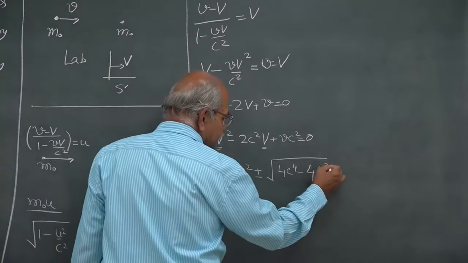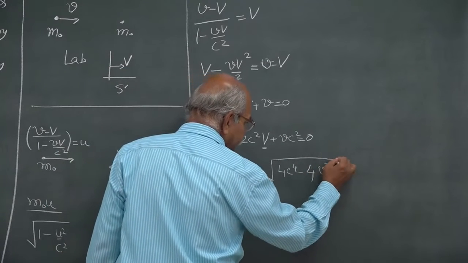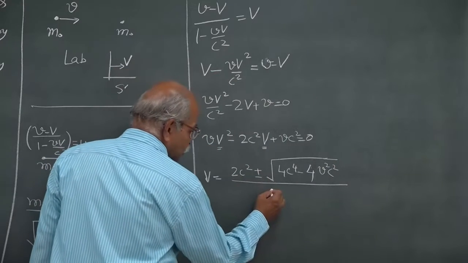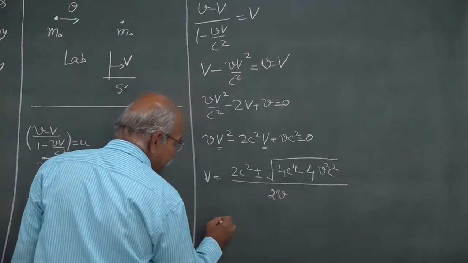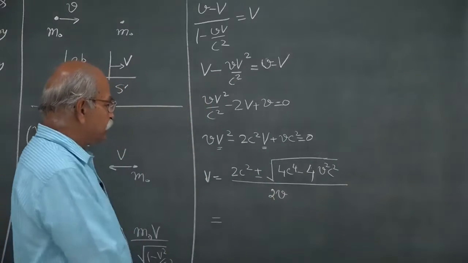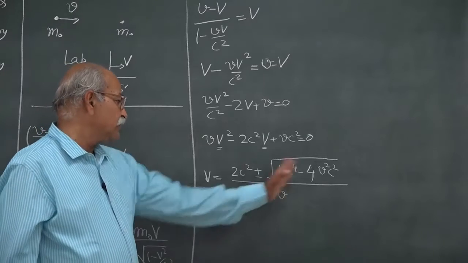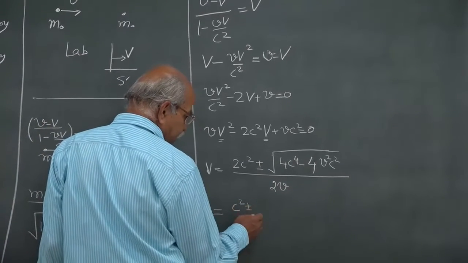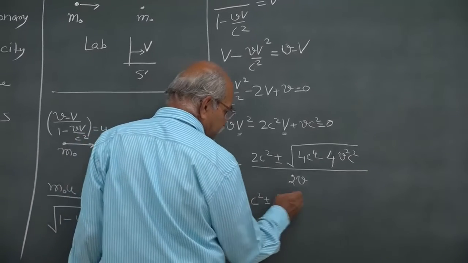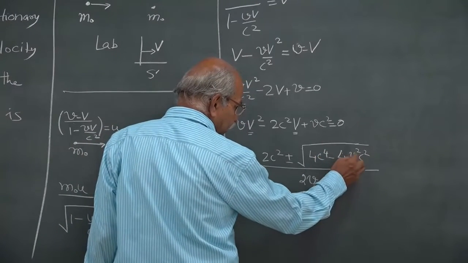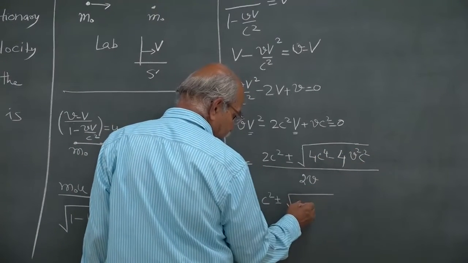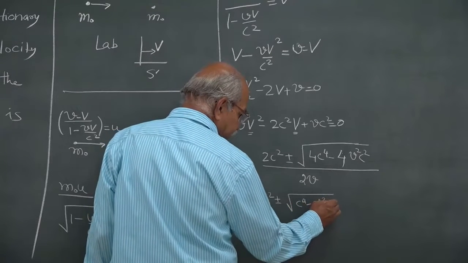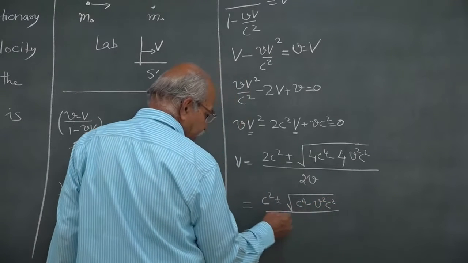So, it is v square c square, and divided by 2a, so it is 2v. First you can cancel this 2 from everywhere and this will be c square, and then plus and minus square root of c4 minus v square c square, divided by v.